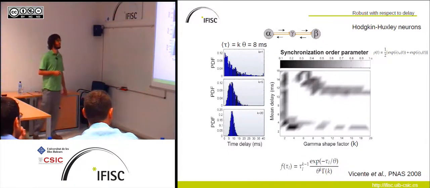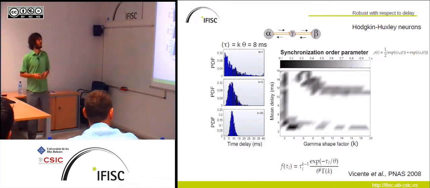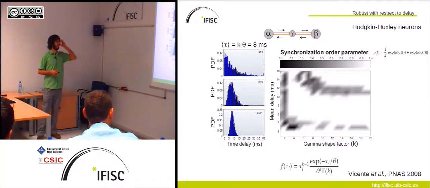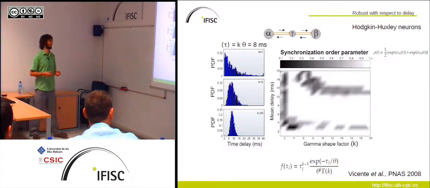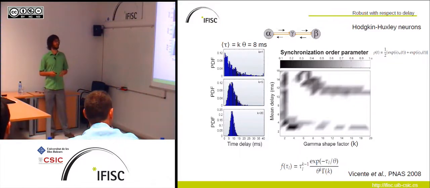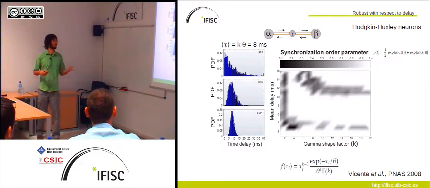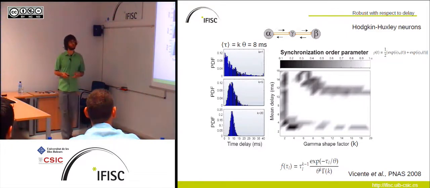So instead of using just a single delay, we consider many different delays, which is a way of getting closer to what happens more realistically in the brain, because there are actually thousands of axons connecting different nodes. So if we consider a distribution, we are mimicking this diversity in the connections.